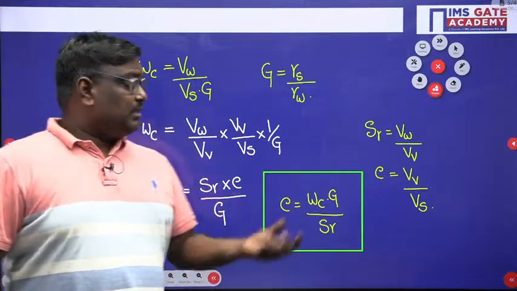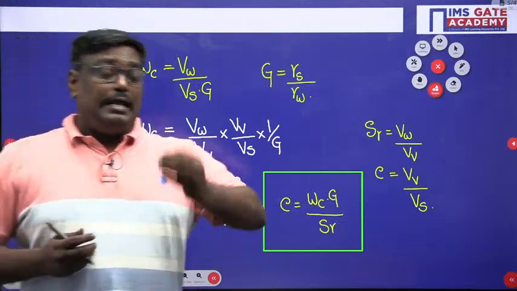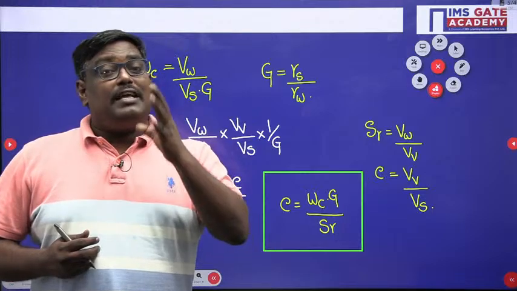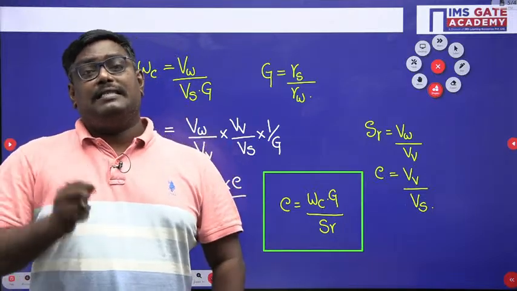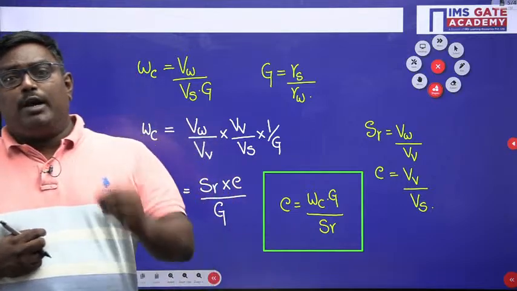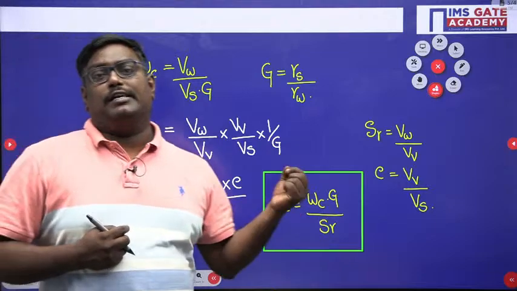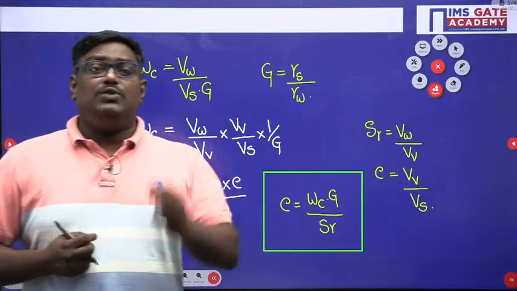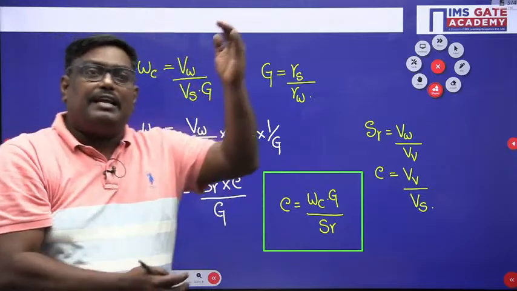And remember, this relation will help you. Sir, see, in the GATE exam, whenever a GATE question is asked, please write the given data. It is my sincere advice to you. Very good, Rocky, very good. You can write E into SR is equal to water content into G. Whenever a question is given in the GATE exam, try to write the given data on paper.